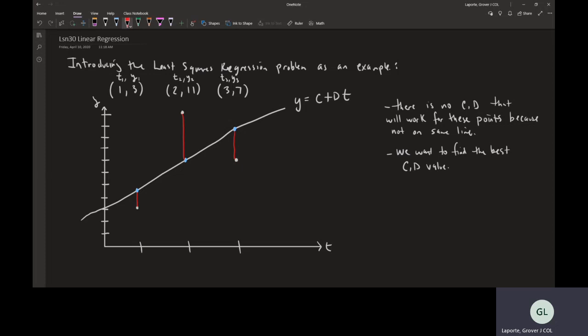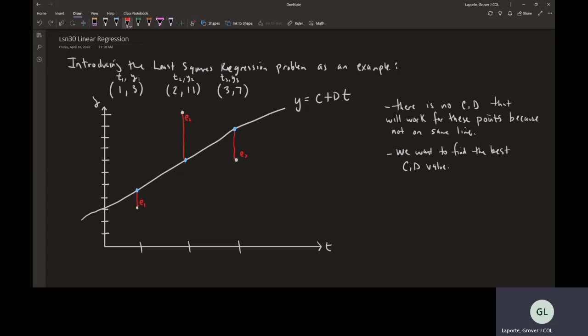This error should be vertical. It's the difference between the point that's on the line and the point that we were given. We'll let this be E1, this E2, and this one E3. So there are 3 of these errors.